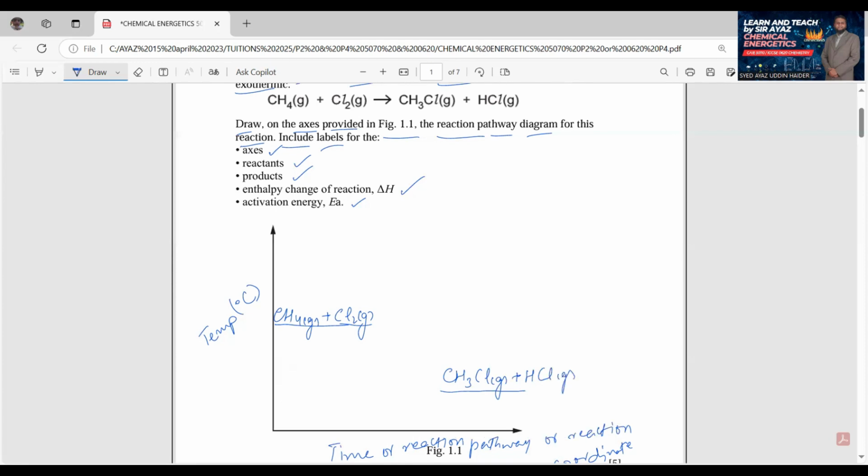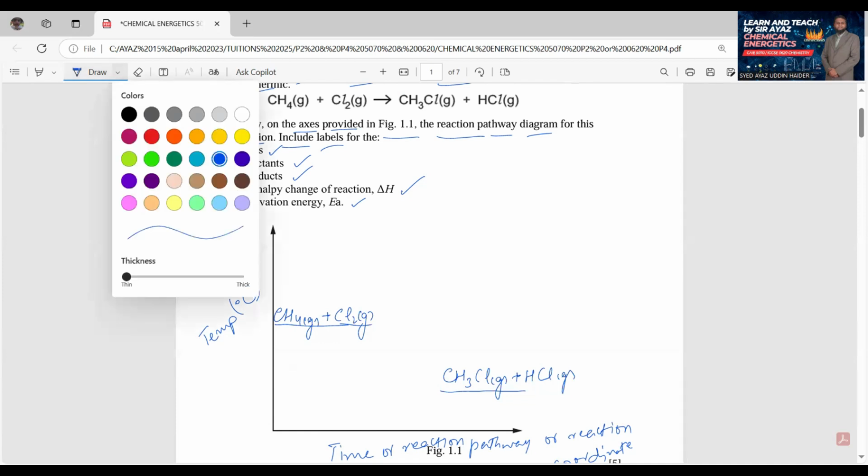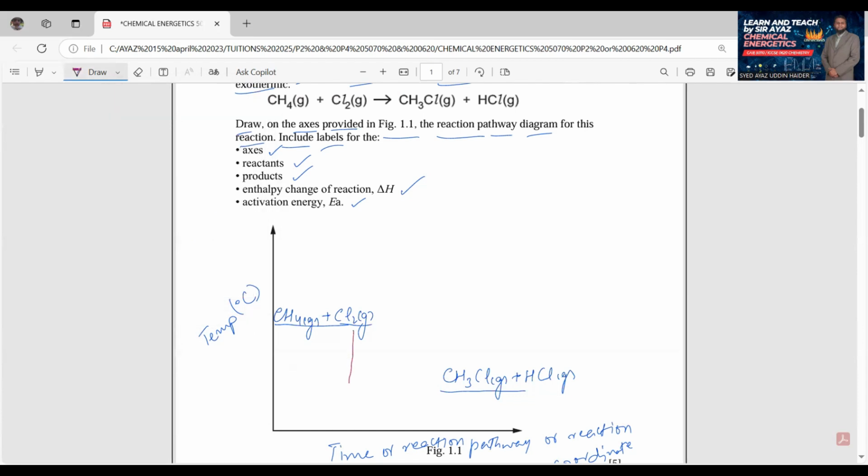Now next thing they are saying enthalpy change of reaction delta H. Enthalpy change of reaction delta H must be between reactant and product. This must be delta H. And as this reaction is exothermic, the sign must be minus.